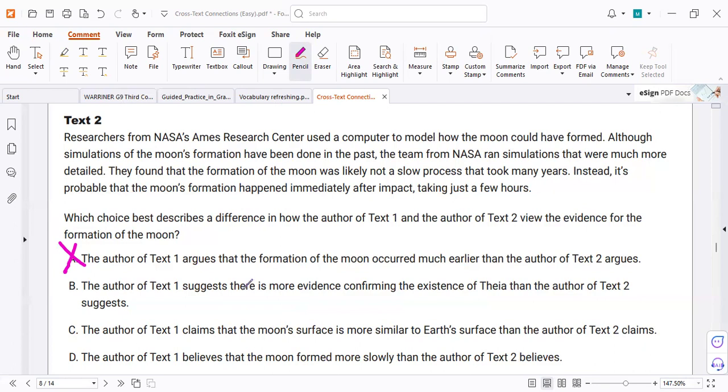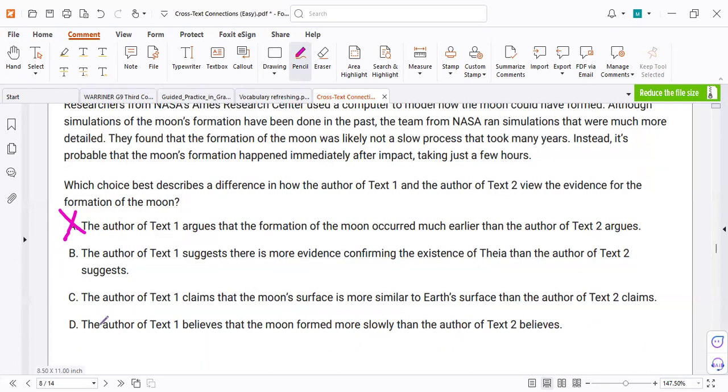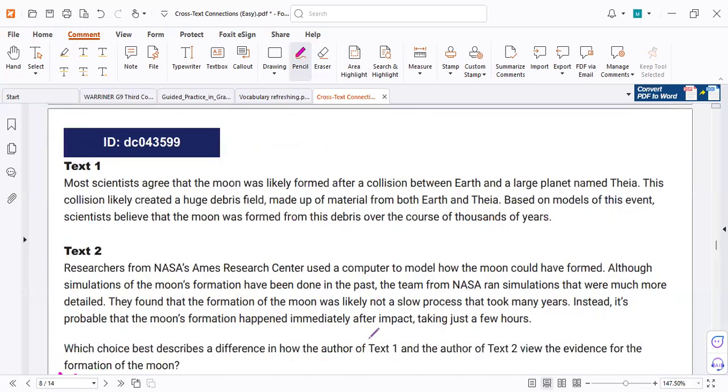I think she's more right. Let's check D. Letter D: the author of text one believes that the moon formed slowly. Let's find the information. The moon was likely formed after a collision between Earth and a larger planet named Theia.